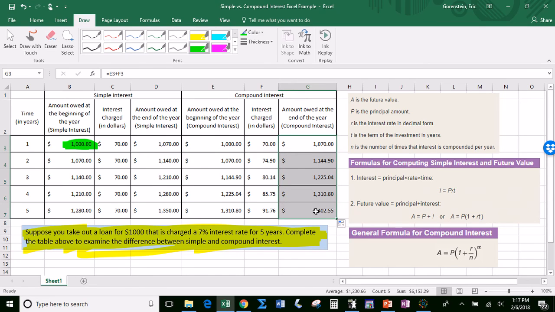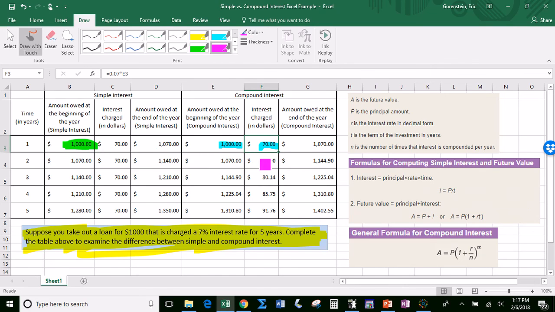In this column, these numbers I have highlighted are the interest fee in dollars. Each is 7% of something. With simple interest, it's 7% of the initial amount, and that stays constant. Here, this number comes from this balance of 1,000.